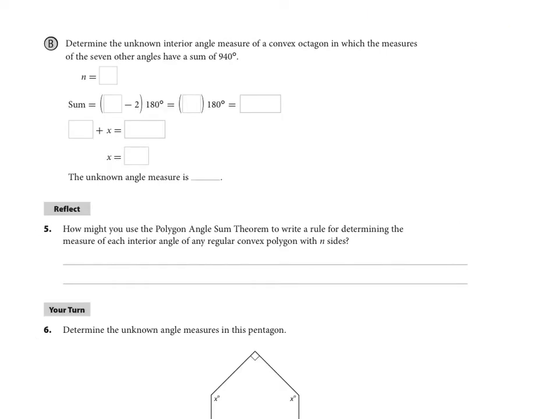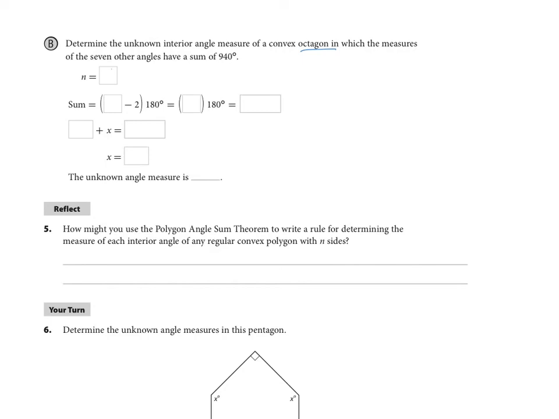So I'm at the top of page 316 here, you guys, and we're going to determine the unknown interior angle measure of a convex octagon, highlight that word, in which the measures of the 7 other angles have a sum of 940 degrees. Now we don't have a diagram to go on, but we do have some good given information.